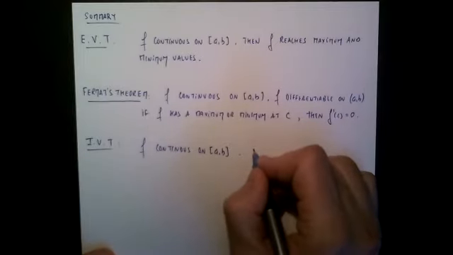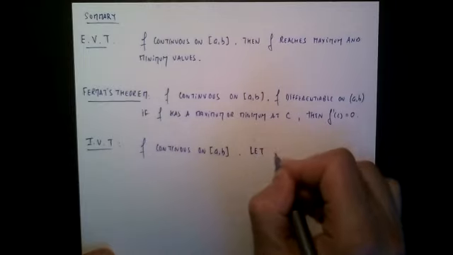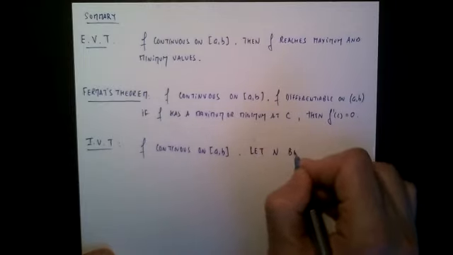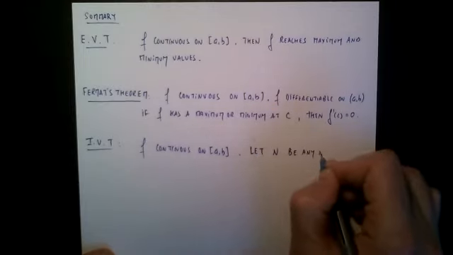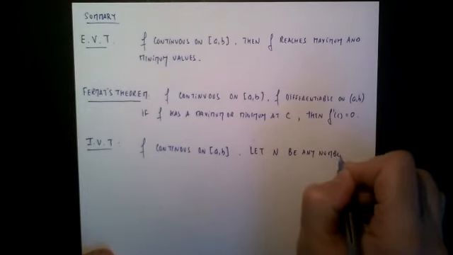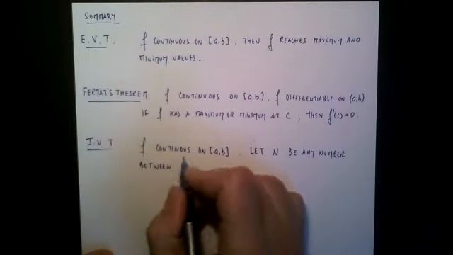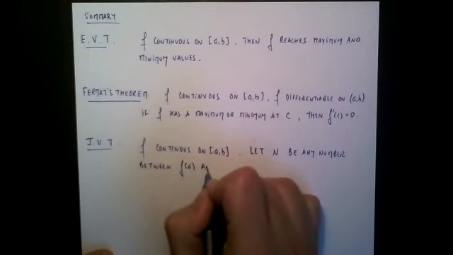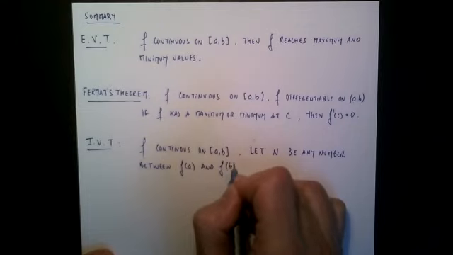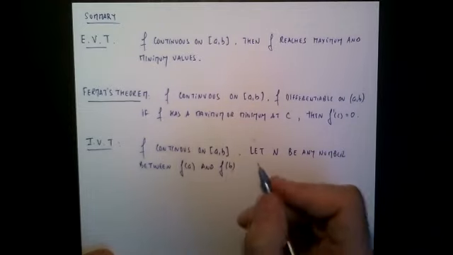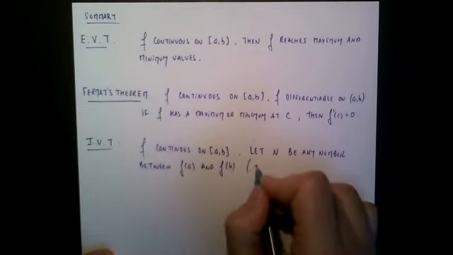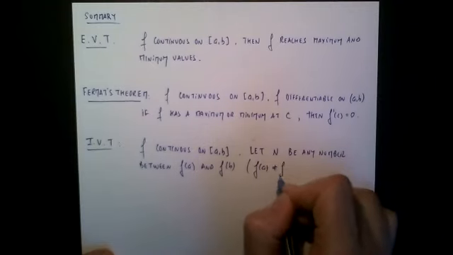So let n be any number between f of A and f of B. Okay, f of A different than f of B.